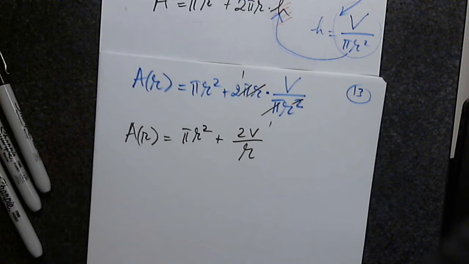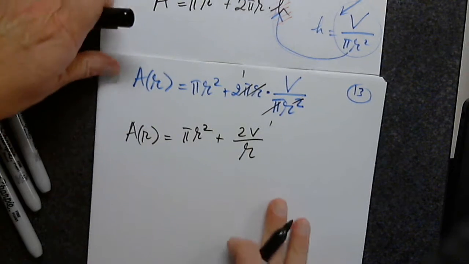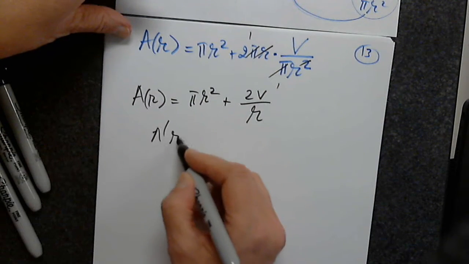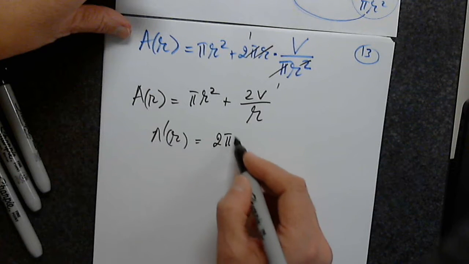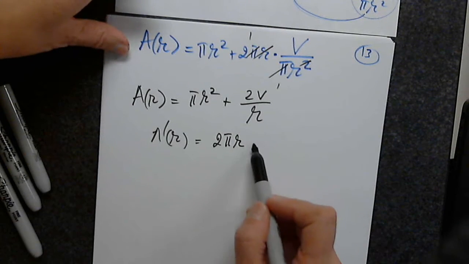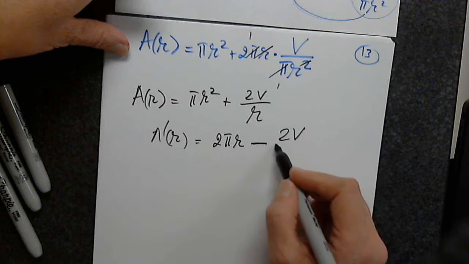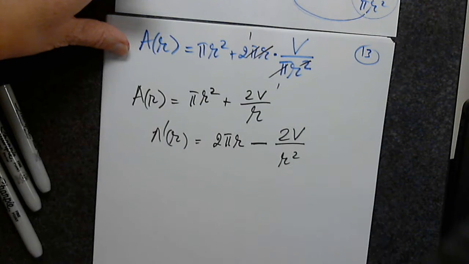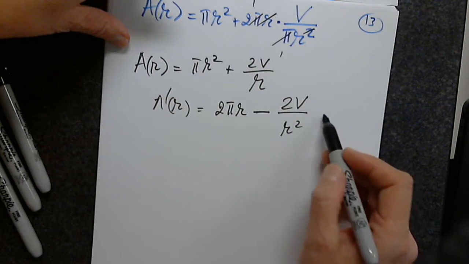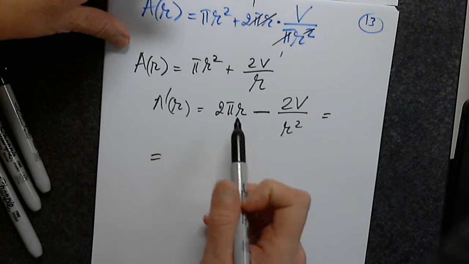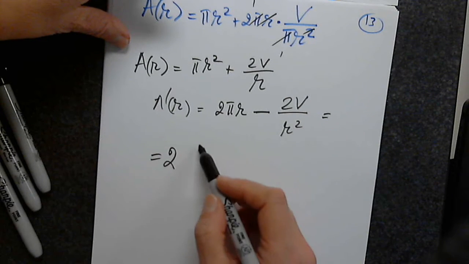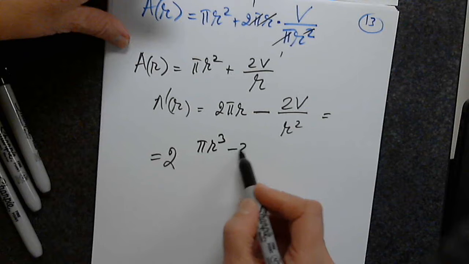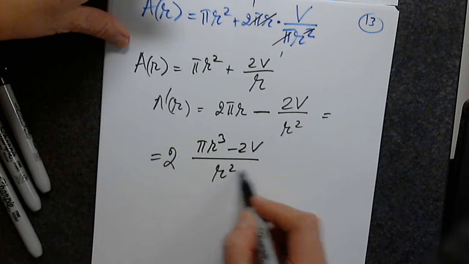So now we have to determine what? The derivative. Very good. So A prime of r will be 2 pi r minus 2V over r squared. Excellent. So we can factor out a 2, and then we have pi r cubed minus V over r squared.